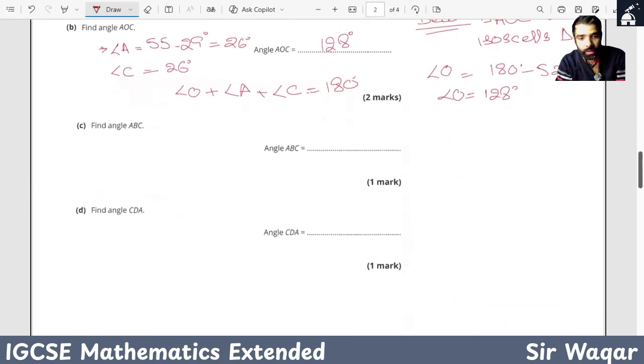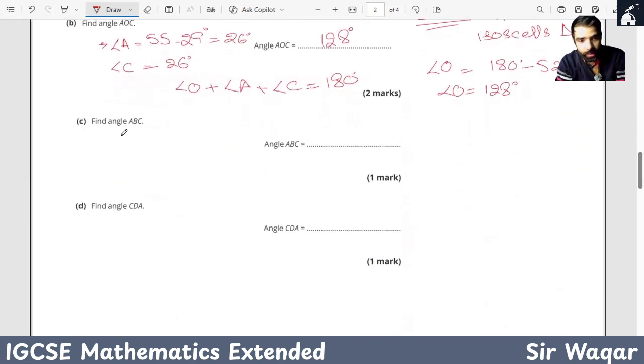Angle ABC is the angle on the circle, so it will be half of angle AOC. Angle AOC is 128, so half of 128 degrees is 64 degrees.